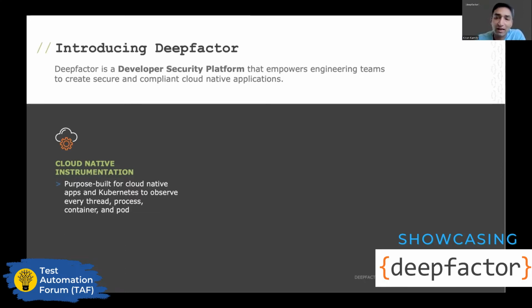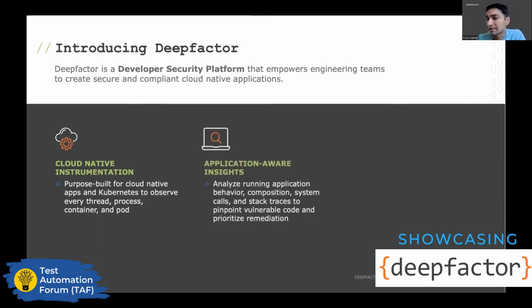With Kubernetes, we have a pretty awesome webhook. All you do is helm install the webhook, and then Deepfactor drops into your Kubernetes cluster, the test cluster where you're running your nightly regression tests. And there you can specify with an override YAML file the namespaces that you want watched by Deepfactor. And anytime any container or pod comes up in that namespace, Deepfactor looks at every thread, every process running in every container and pod.